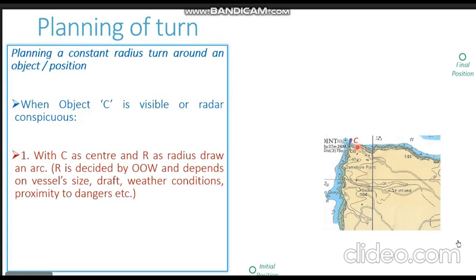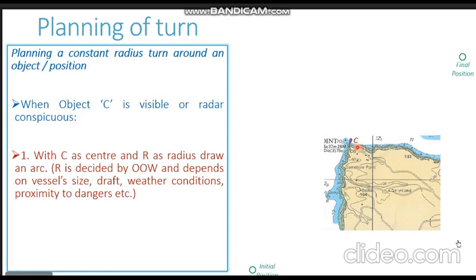Now the first step which we need to take is to assume a radius. We have to decide on a radius which we want to keep while making the alteration. Now the navigator will need to decide the radius basis different factors, which will be vessel size, the draft of the ship, what are the weather conditions in this area, is there any proximity to navigational dangers, what is the traffic in this area.